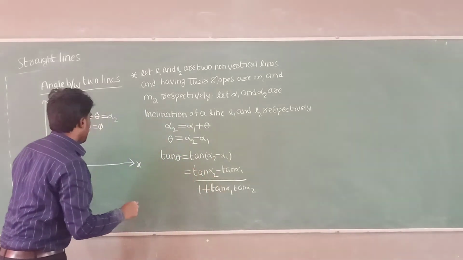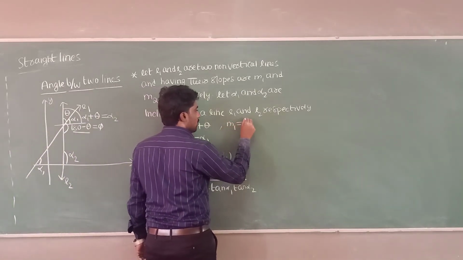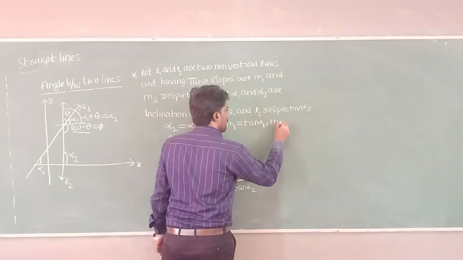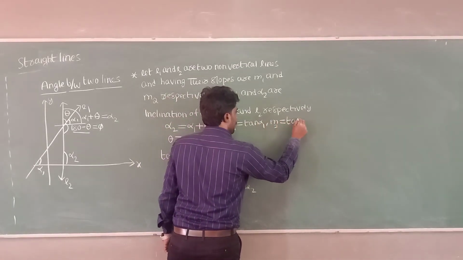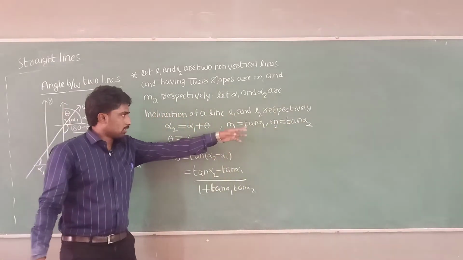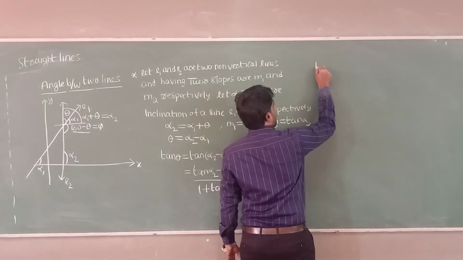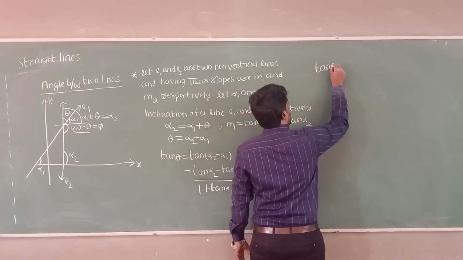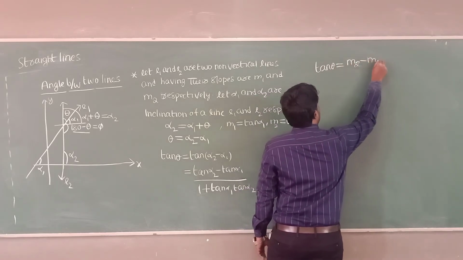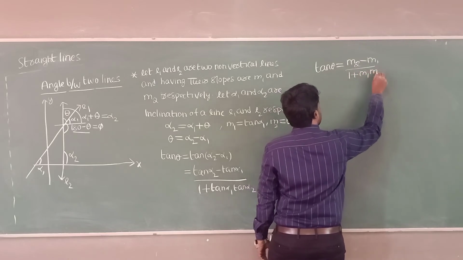Here m1 equals tan alpha 1 and m2 equals tan alpha 2. Substituting the m1 and m2 values, finally tan theta equals m2 minus m1 by 1 plus m1 m2.